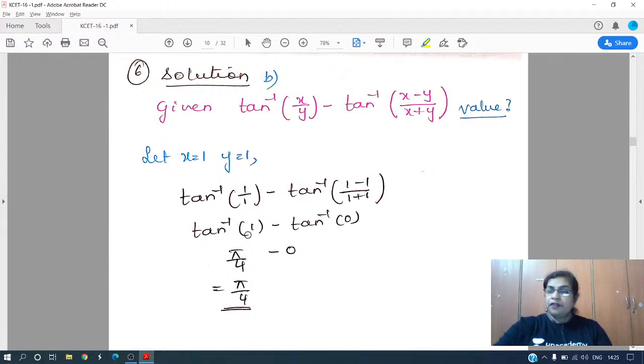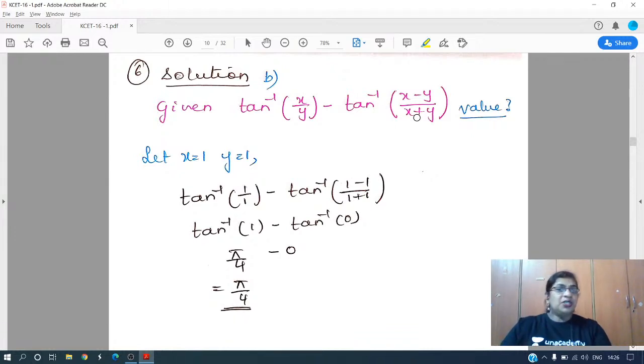As I look into the question, I can apply the tan inverse x minus tan inverse y formula, but that is complicated. So what I do is, I follow the trick. I take x as 1, y also as 1 and substitute there, and let me check whether I am getting any one of the options which are given.